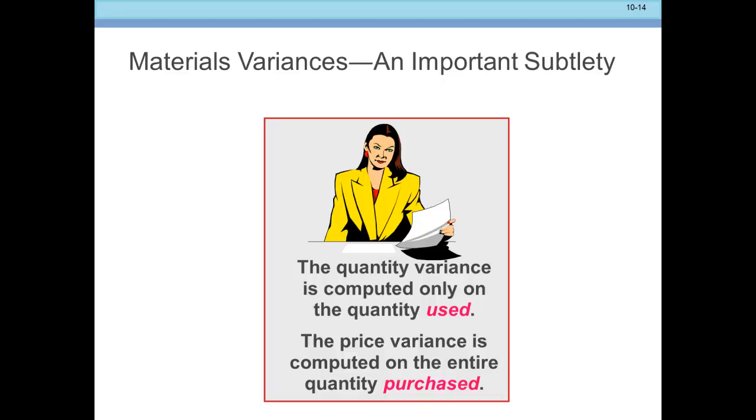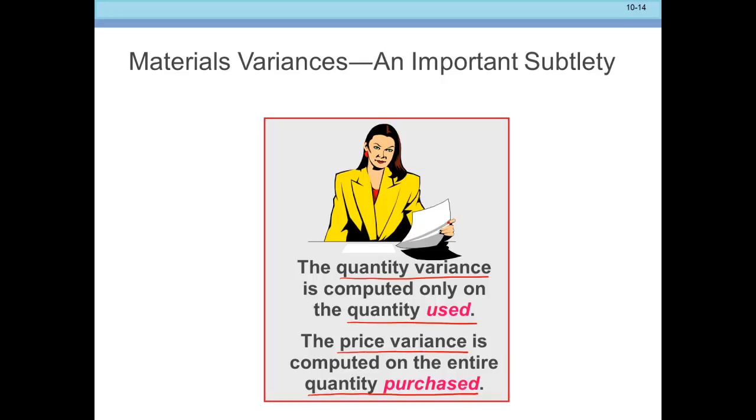Purchasing happens at a different time than the actual use of the product. Because of this, when the quantity of materials purchased differs from the quantity used in production, the quantity variance is based on the quantity used in production, and the price variance is based on the quantity purchased.